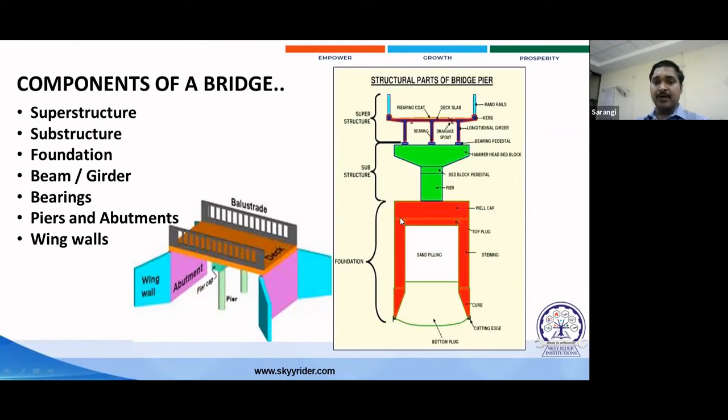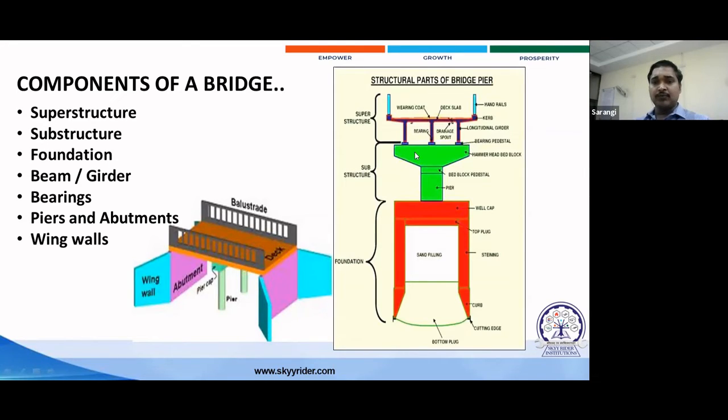And in the pile, the top portion, the bearing cap, is known as the pile cap. Then comes the construction of the pier in this structure. The head of the pier is called the pier cap, where the deck slab of the bridge, where the vehicles move, will rest on the pier cap.